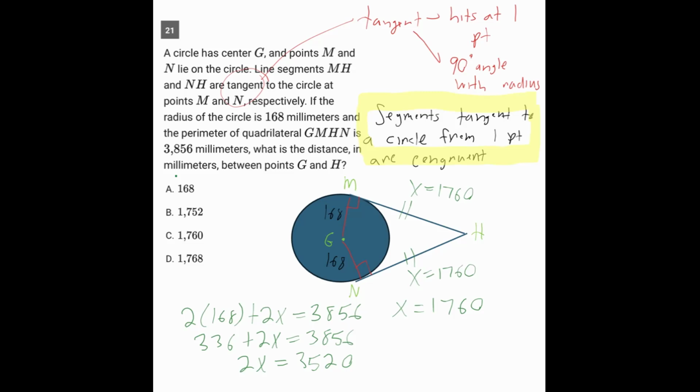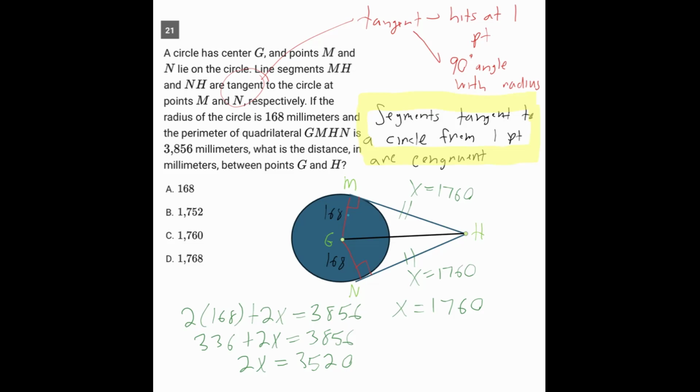Now we're being asked, what is the distance between G and H? So what we can do for that is we can use the idea that we had right angles, and we can use the Pythagorean theorem. So right here, we've got GH, and it's right there.